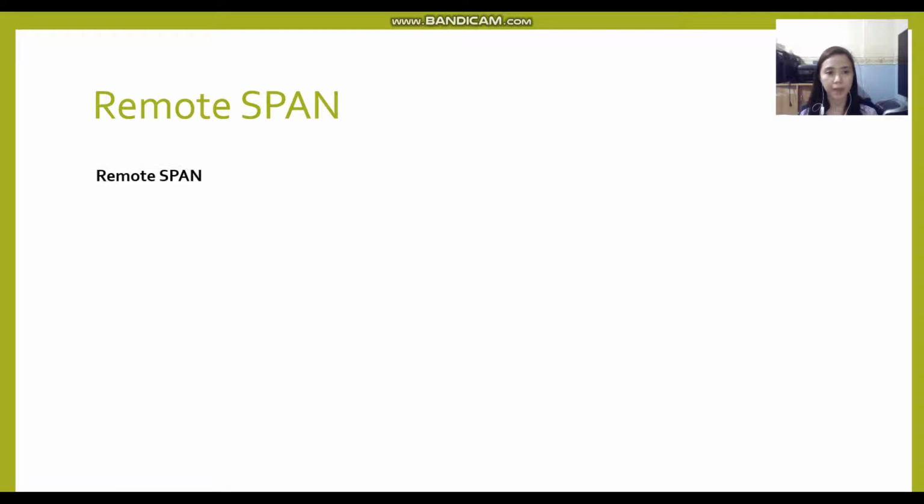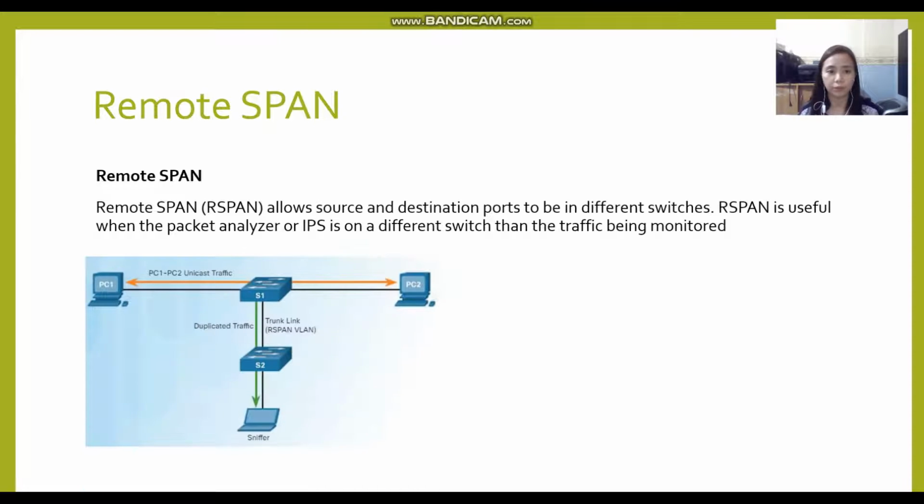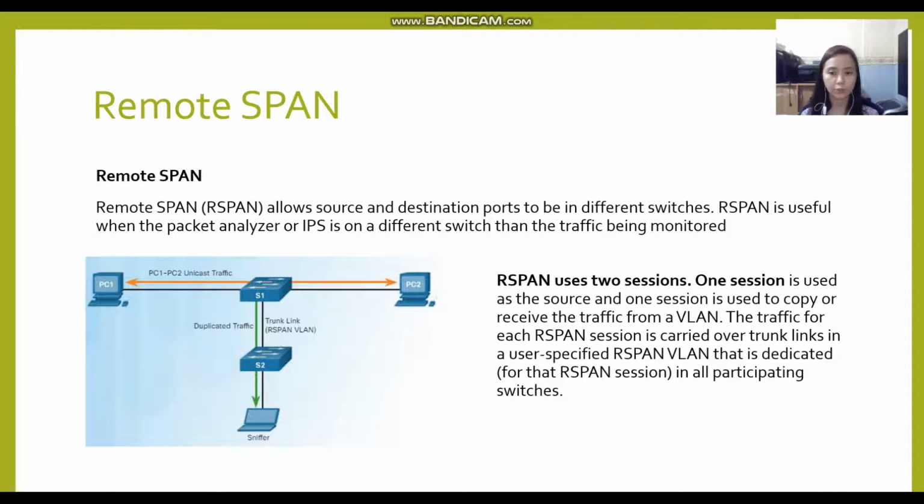The remote span. The RSPAN allows source and destination ports to be in different switches. RSPAN is useful when the packet analyzer or IPS is on a different switch than the traffic being monitored. RSPAN uses two sessions.